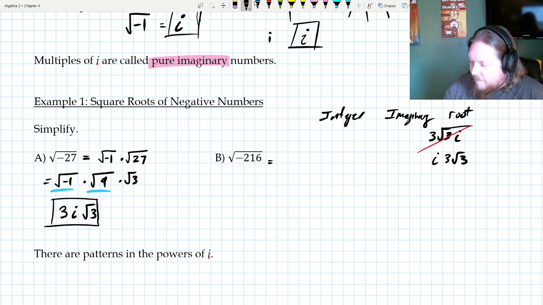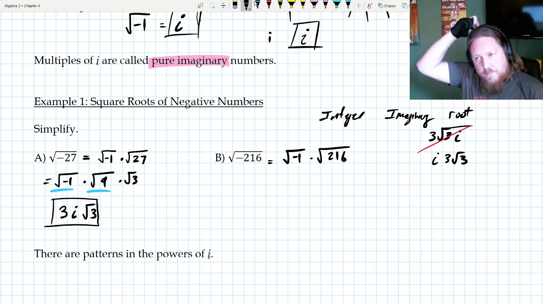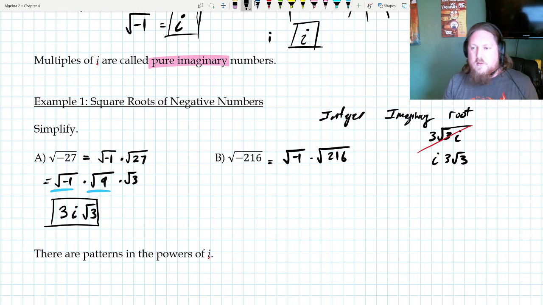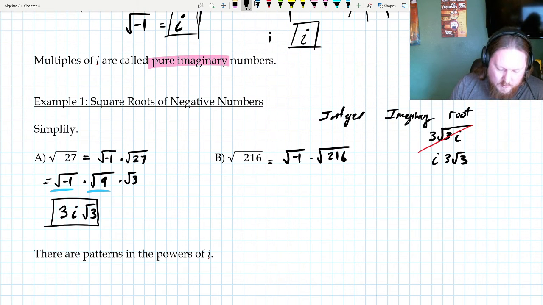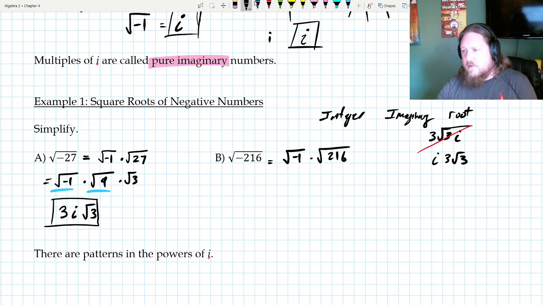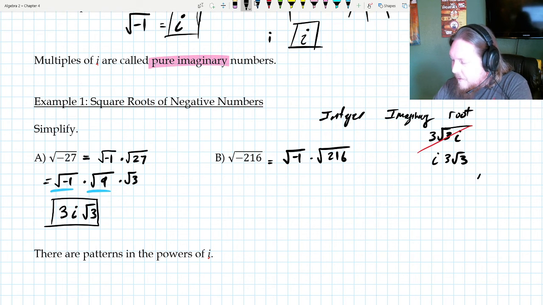The square root of negative 216. So I break apart the negative, and then I just work on trying to find the root of 216. Now, one thing you can always do, I don't think 216 is a perfect square. It isn't. But one thing I can do, just as a little side note here, see if it's factorable by 4, 9, 16, 25, 36, 49.